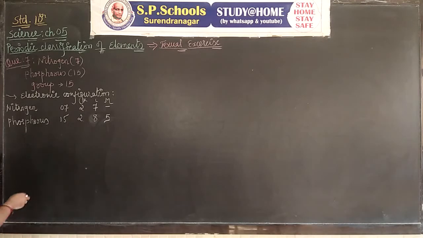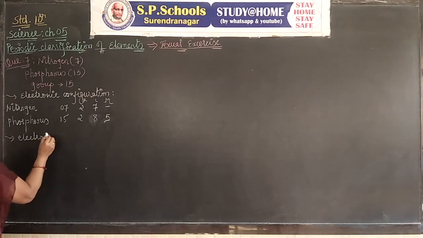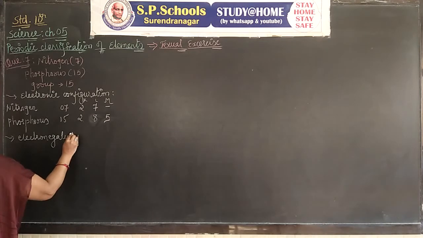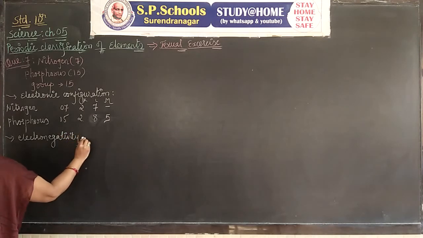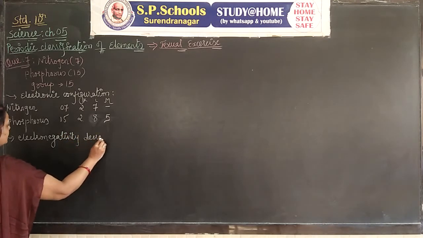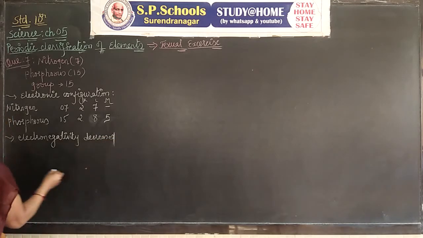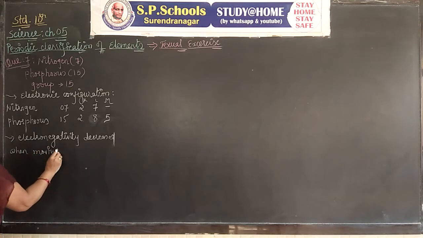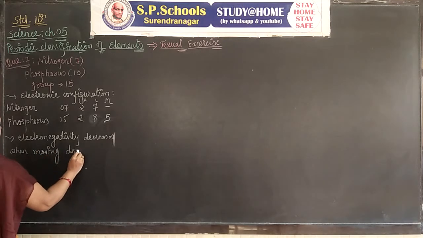See, in the case of group, electronegativity will be decreased when moving down.